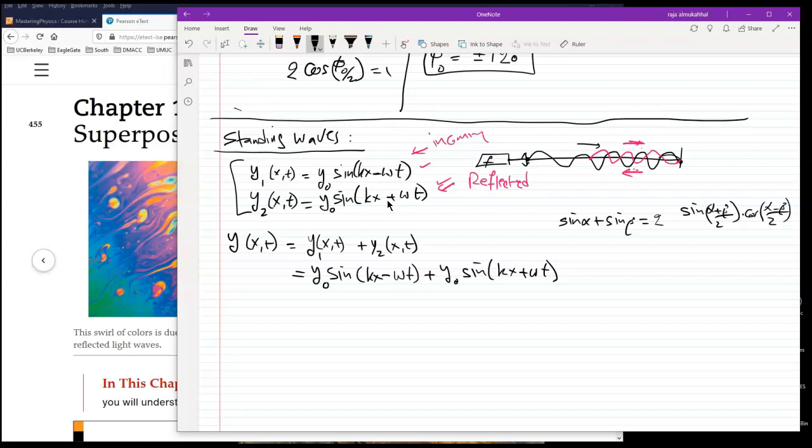You see what I'm saying? You plug it in here and go through the derivation. It's not much really. You'll end up with the following: 2 y naught sine kx times cosine omega t. You'll get this strange looking thing, okay? And this is not a moving wave.